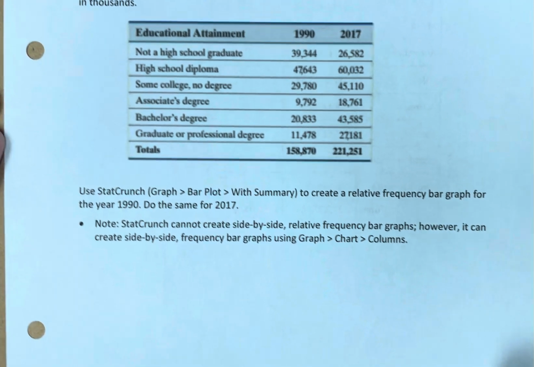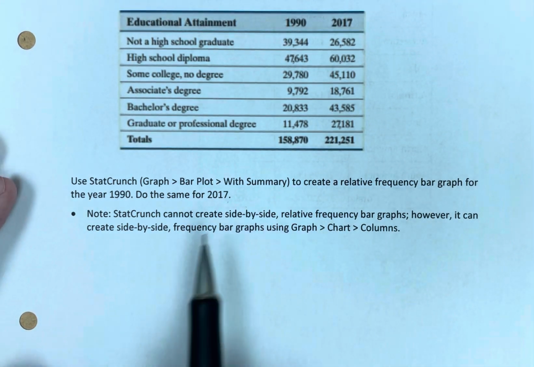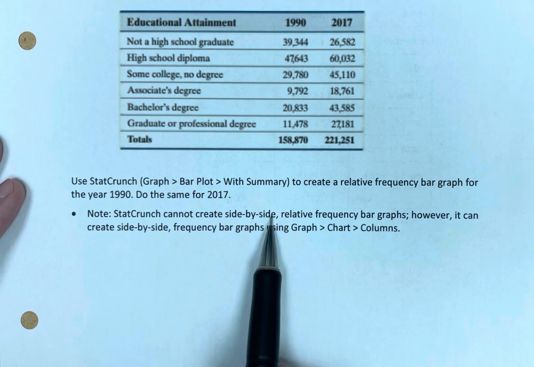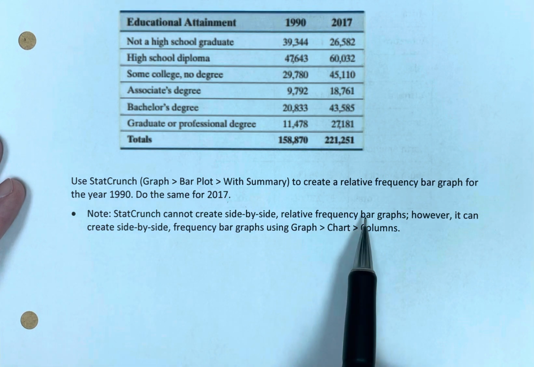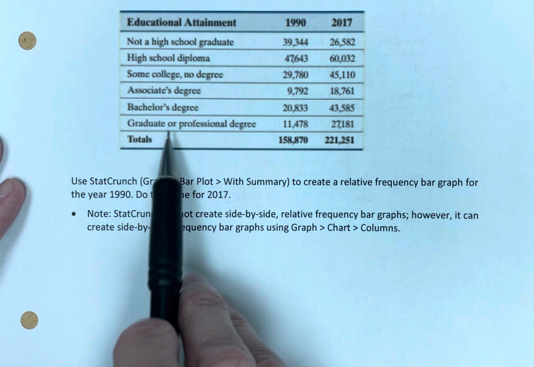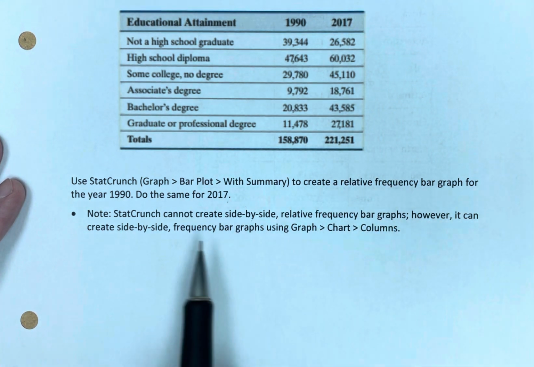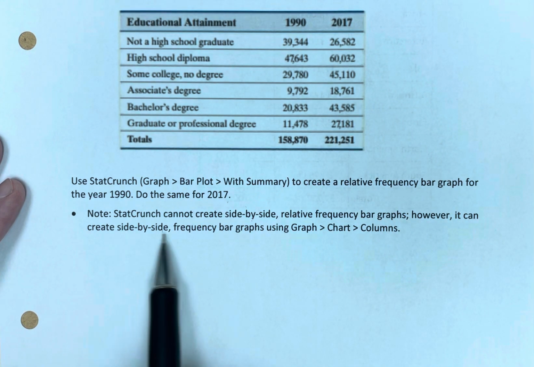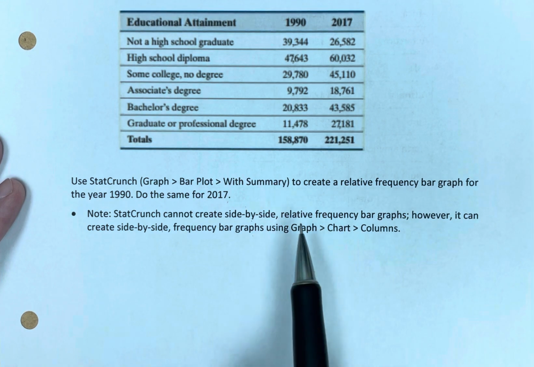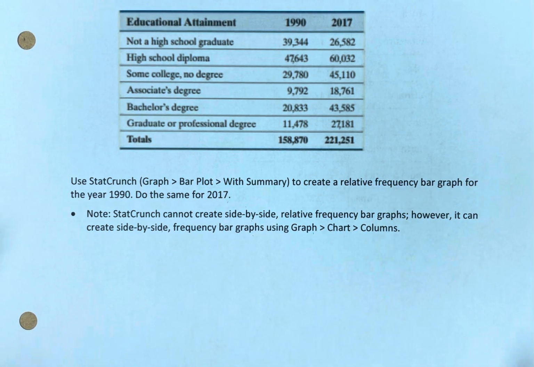One other thing I'll mention, so I'll go back to the sheet here. StatCrunch is not able to create a side-by-side relative frequency bar graph. You'll have to look at one and then the other, and then create your own. Unfortunately, it can create side-by-side frequency bar graphs, and it uses graph chart columns to do that.